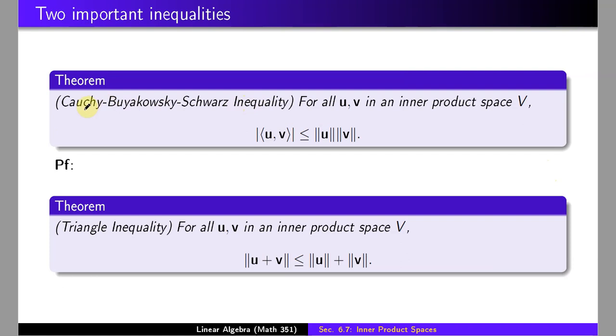So the first inequality, very important, is called the Cauchy-Bunyakovsky-Schwarz inequality. Sometimes it's just called the Cauchy-Schwarz inequality. Here's what it says. For any two vectors u and v in an inner product space, the inner product of u and v, if you take the absolute value of it, is at most the length of u times the length of v.